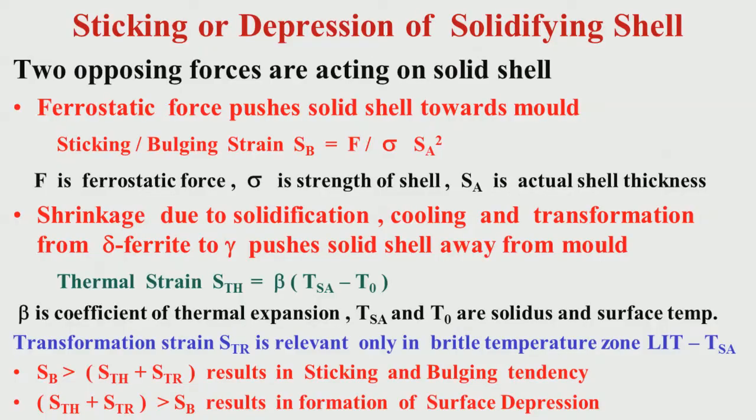If that happens, the actual shell thickness is less, and the mushy zone is more during solidification. So, the actual thickness of the solid shell is very important, the shell strength is very important, and how much transformation is taking place due to delta to gamma, and where it is taking place, is important.